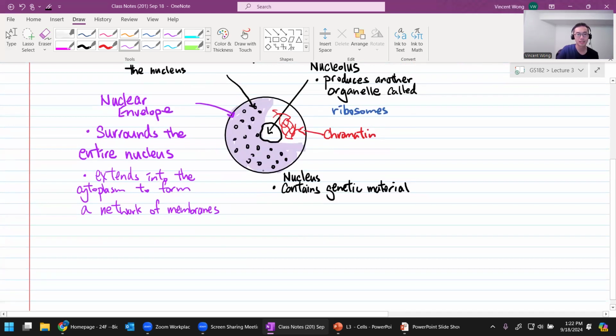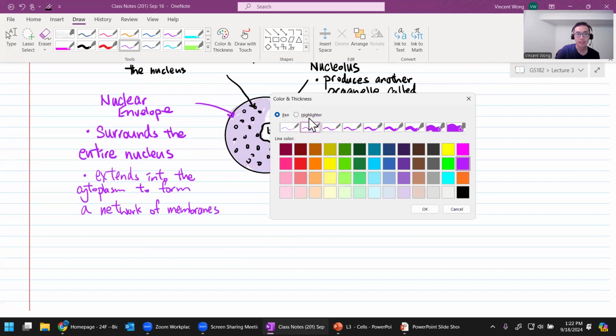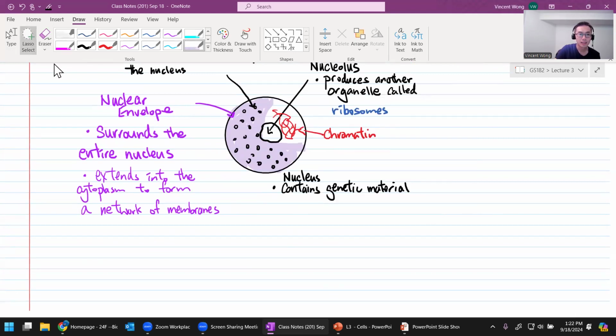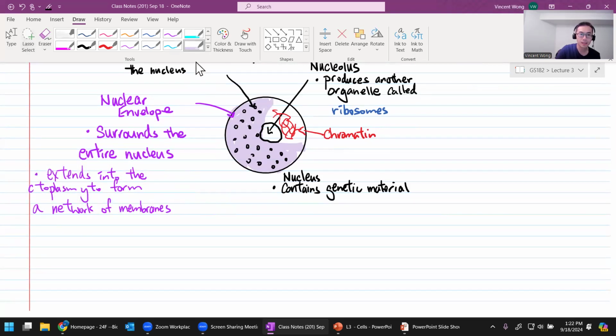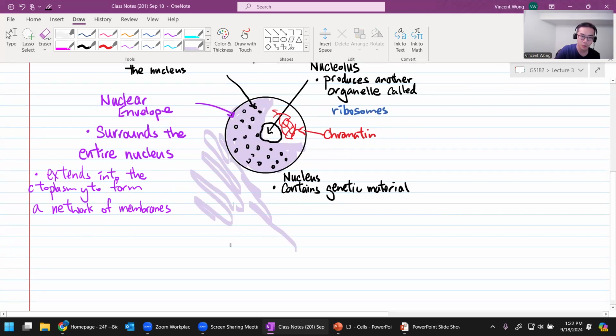All right, so this is how I'm going to draw it. Sorry, I'm just going to move this a little bit to the left so I have some room. But here is the nuclear envelope, and then it continues to spread outward and forms a network of membranes.